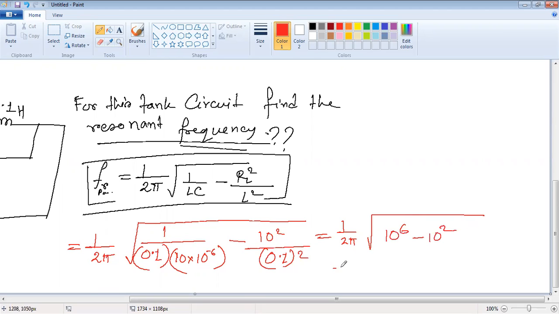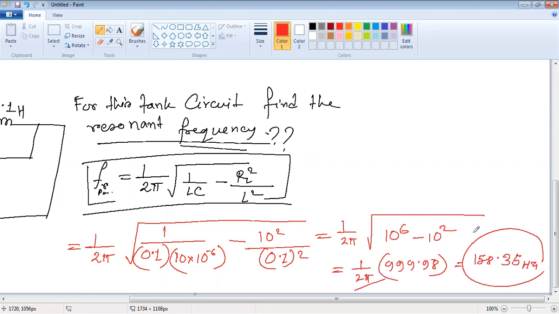You will get 1 by 2 pi into 9.9.8. Okay, and ultimately if you multiply it with this, then we get 158.35. This is the answer.